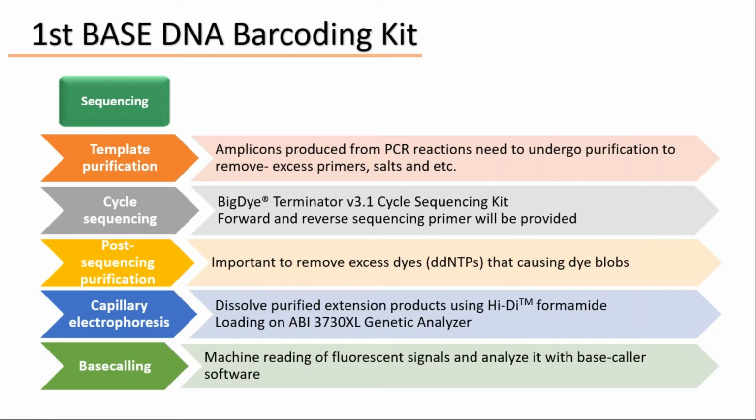You can see from here, the PCR products that are ready need to be purified before you go into the cycle sequencing. First of all, purification, you can see from the red column, is the part that we need to do so that we can remove the excess primer and salt.